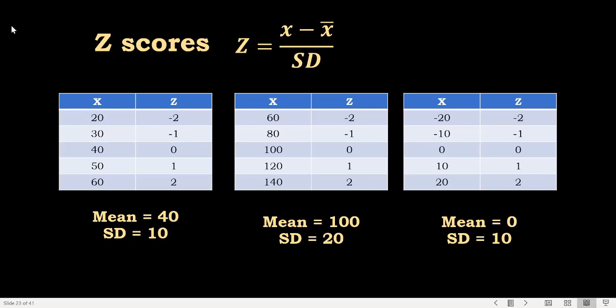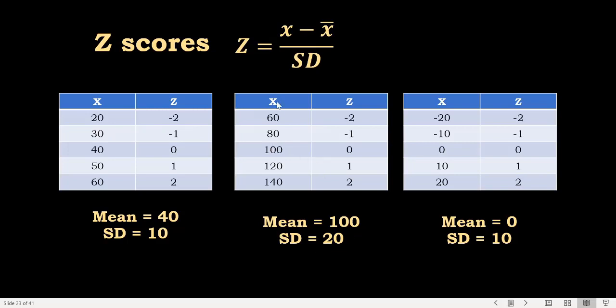Okay, what I want to show you is that we can have different means, different standard deviations, like in these other cases, and if we apply the formula, we obtain the same result. So let's consider this example: the mean of 100 and standard deviation of 20.